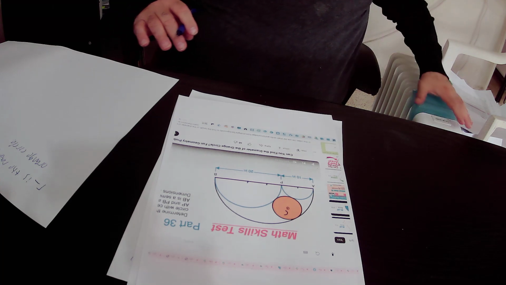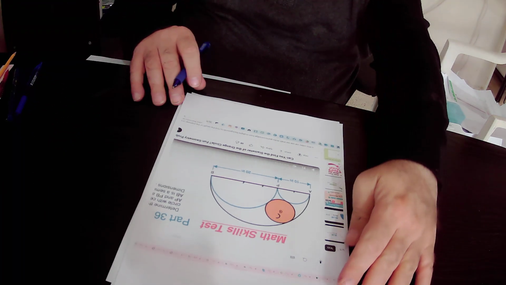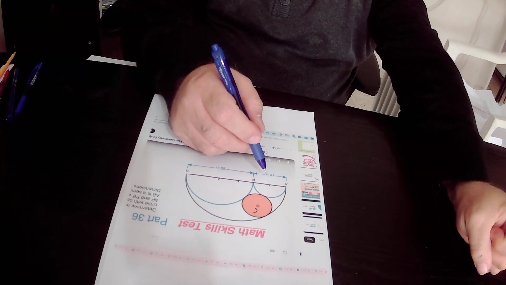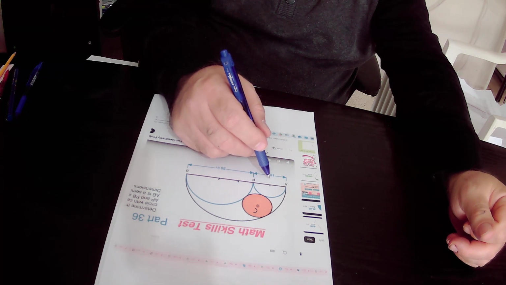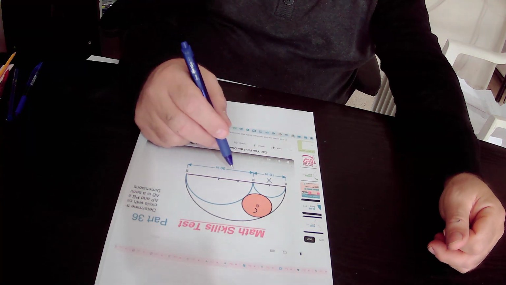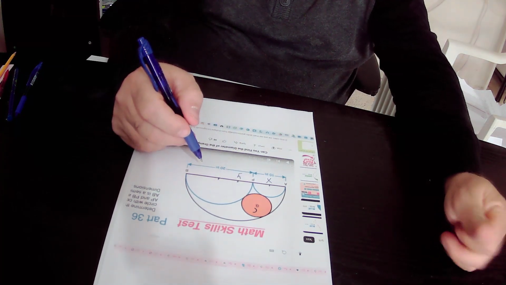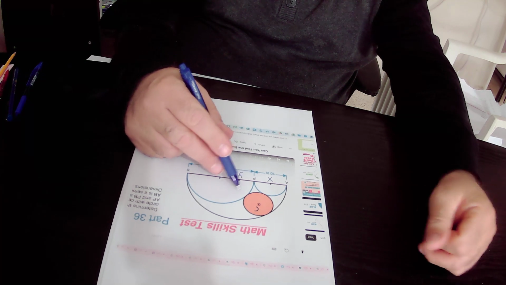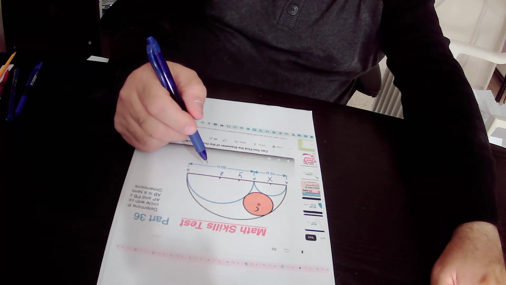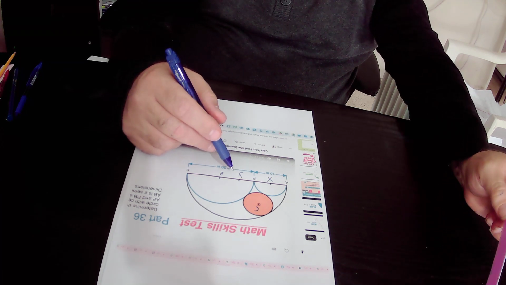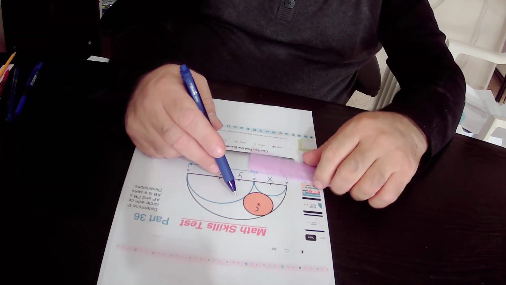We define the centers of the semicircles. Here we define the center of the smallest semicircle, this semicircle, as point X. We define the center of the biggest semicircle, this semicircle, as point Y. And we will define the center of this semicircle as point Z. In the next step, we will join together the centers of the semicircles with the center of the orange circle that is located at this point, point C. Okay?